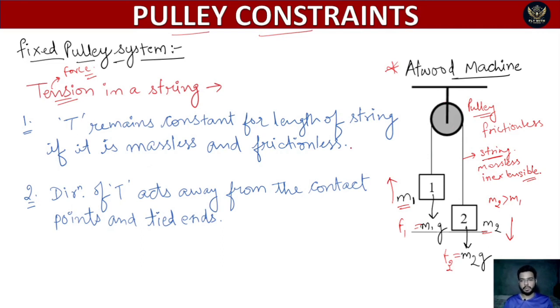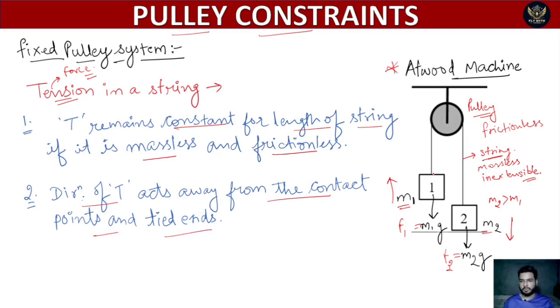If we take the tension as T, then it remains constant along the length of the string, and the string must be massless and frictionless. Now the direction of T, the direction of this force acting in the string, must be away from the contact points and the tied ends.